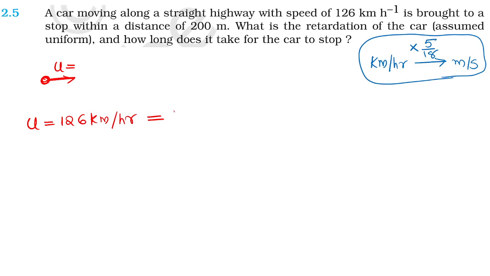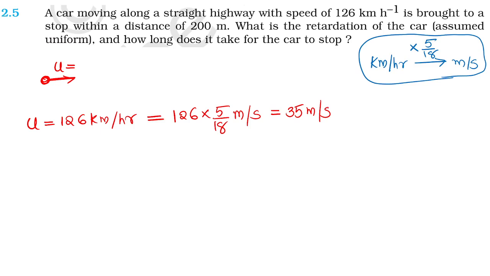So 126 is to be multiplied with 5 by 18, and we get meter per second. 126 into 5 divided by 18, you will get 35. Calculation I don't want to discuss. The initial velocity is 35 meter per second.